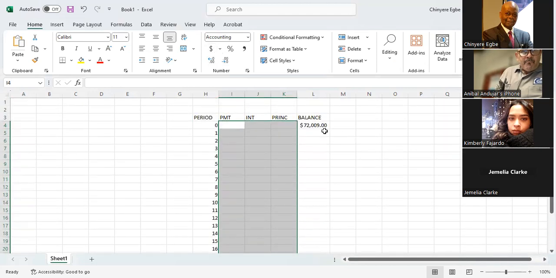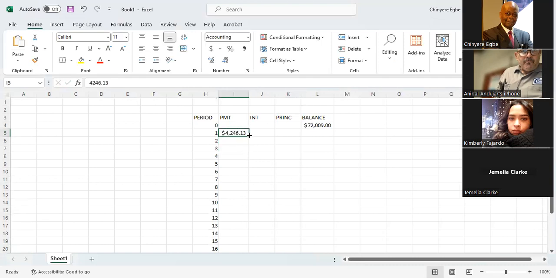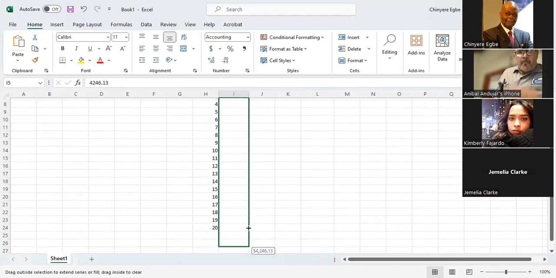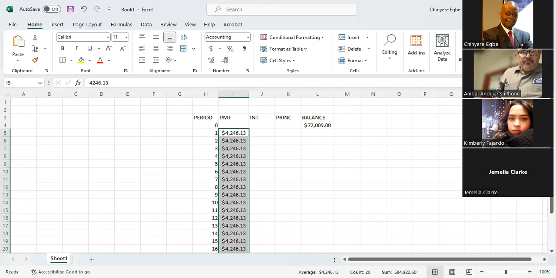All right, so you start a loan. Every quarter you pay 4,246.13. It's constant. So we are solving for the present value of the periodic equal installments.